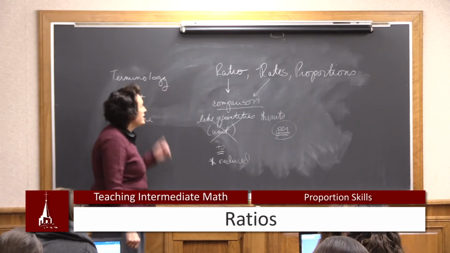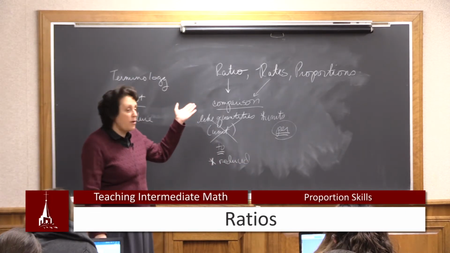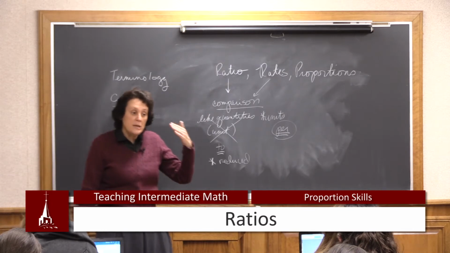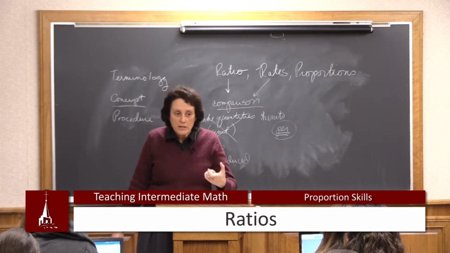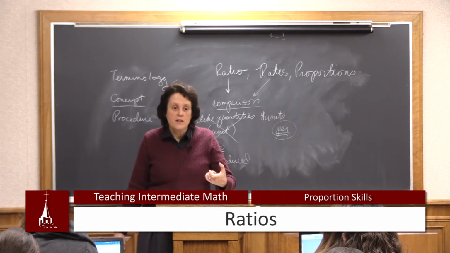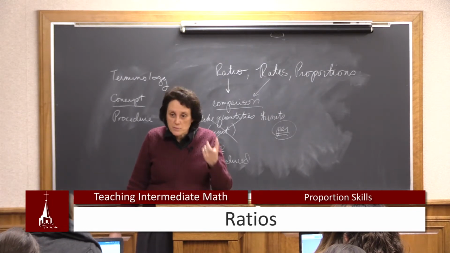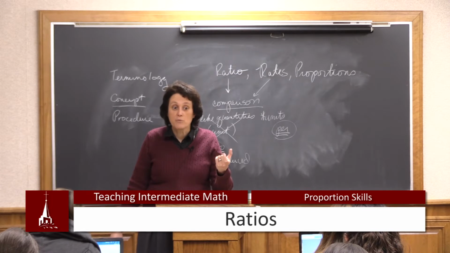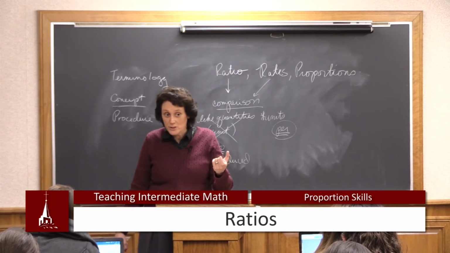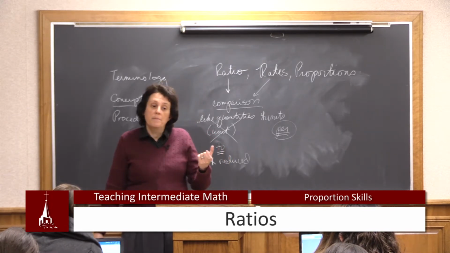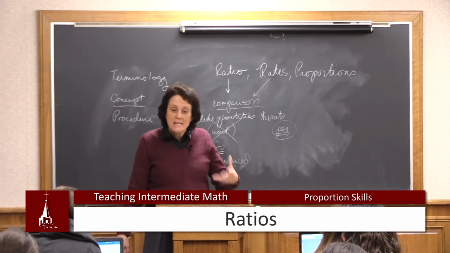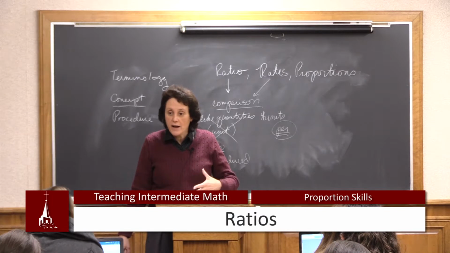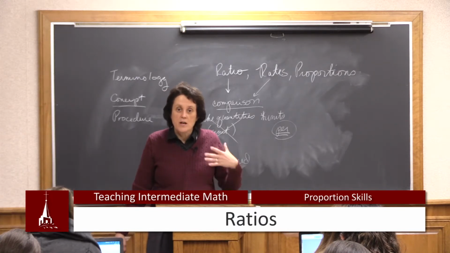So terminology, the difference between a ratio versus a rate. We're still making a comparison. Ratio is simply a numerical comparison. So we will reduce it down to the smallest number, literally ratio, between the two. And so that's a numerical comparison because they're like quantities or like units.